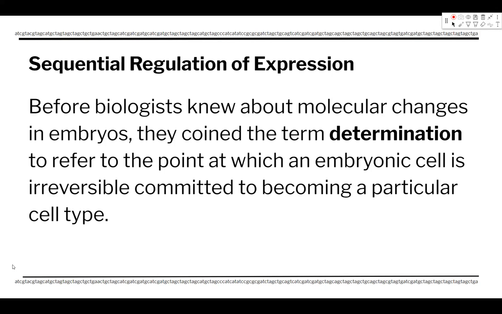This point is called determination, and it's still a thing. We know a little bit more about it now because we know about the molecules that actually send these signals. But there's a really cool experiment they did to figure out when specifically determination happened in different organisms.